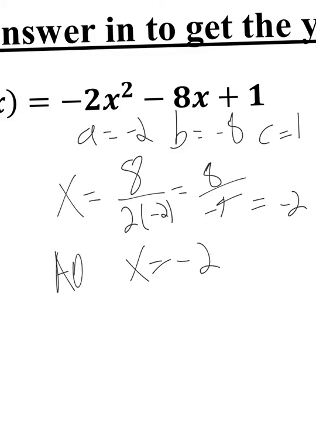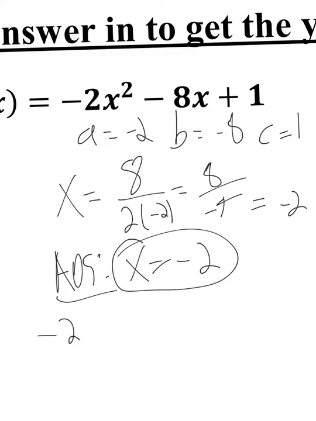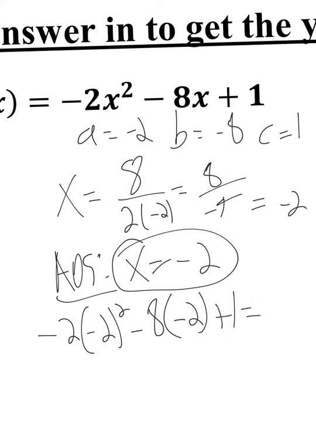Alright. Plug it in, get the vertex. So negative 2 times negative 2 squared minus 8 times negative 2 plus 1 is 9, which is the y coordinate, okay?